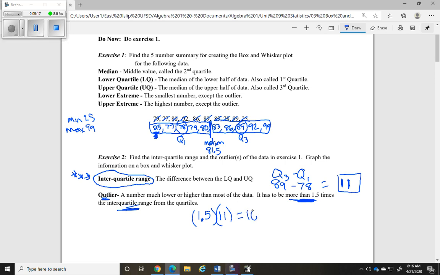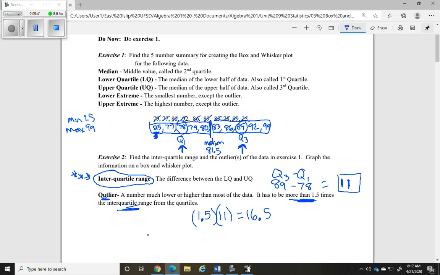This is 16.5. So if the number is 16.5 lower than the first quartile, it's too far away. And if it's 16.5 higher than the third quartile, then it's too far away.